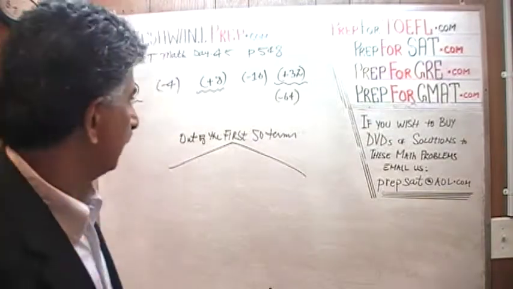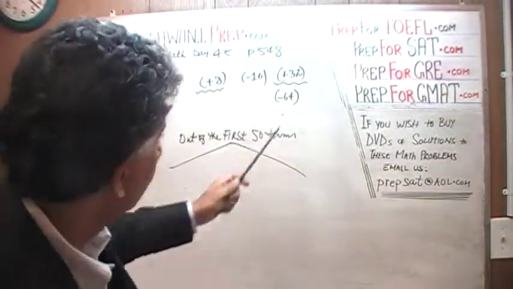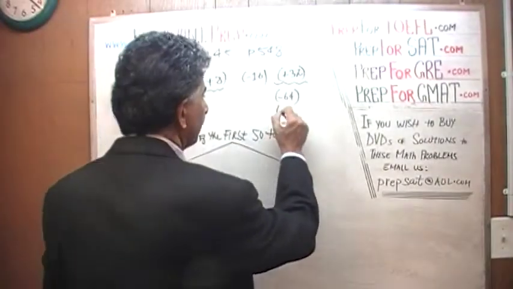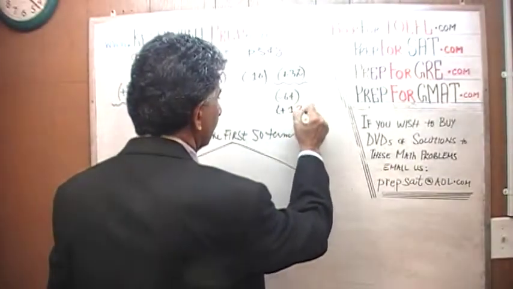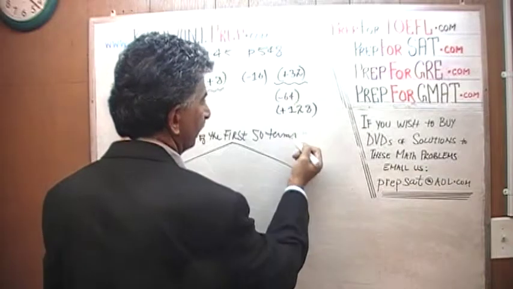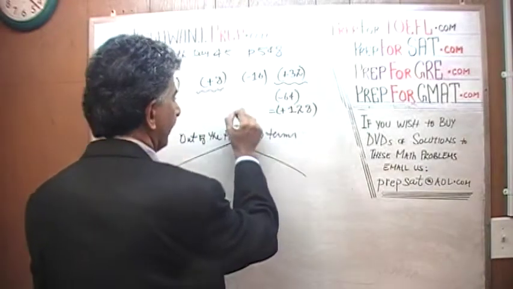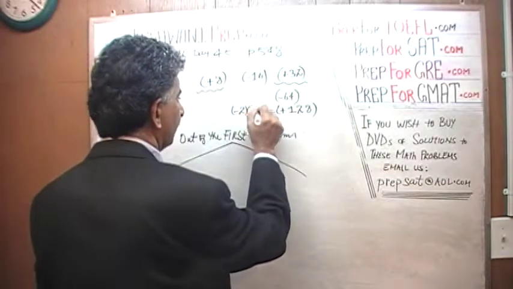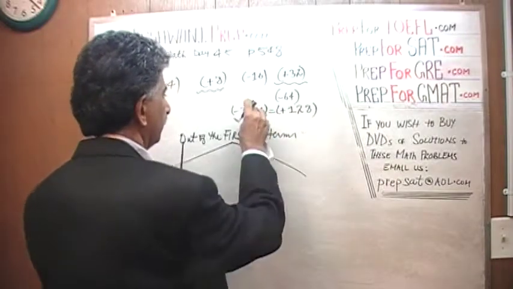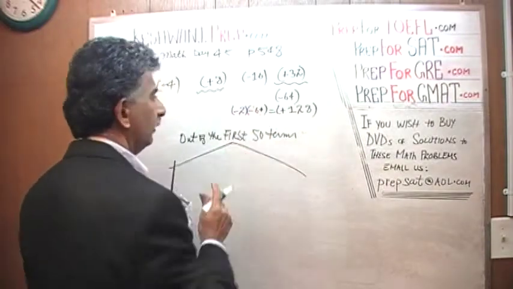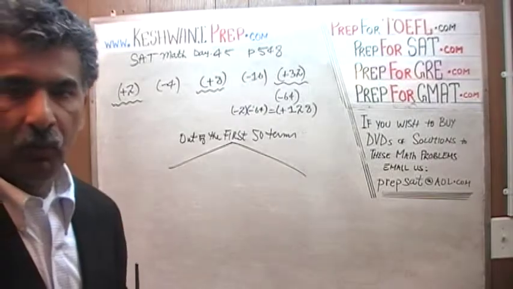Well, let's see. This is negative 64, and then one after that is going to be positive 128. Negative 2 times a negative 64 gives us positive 128.